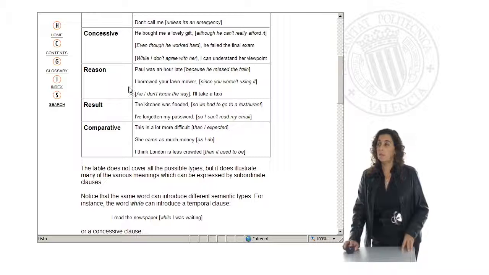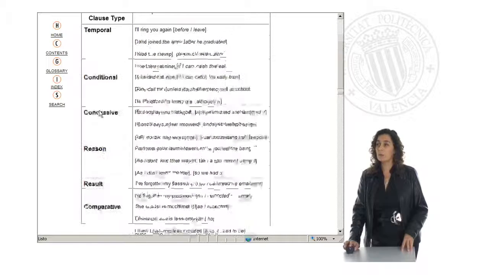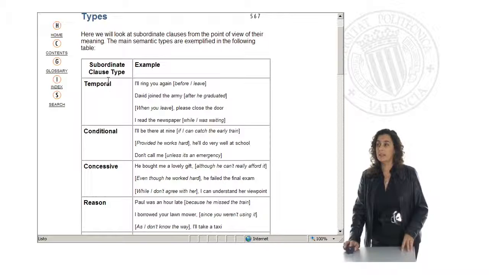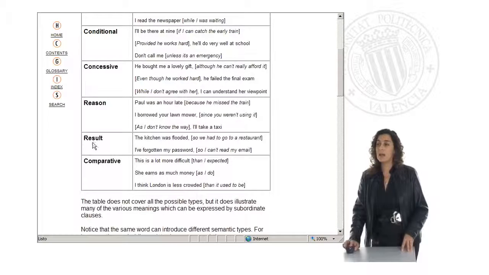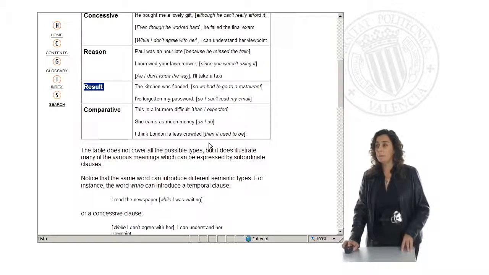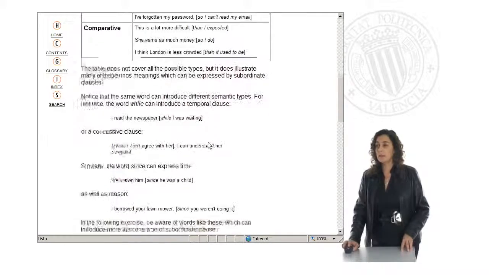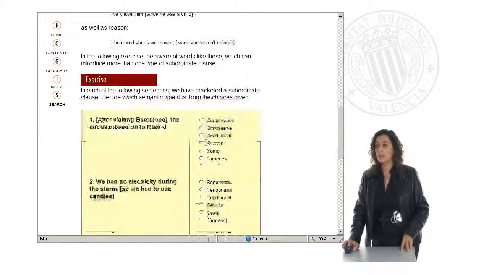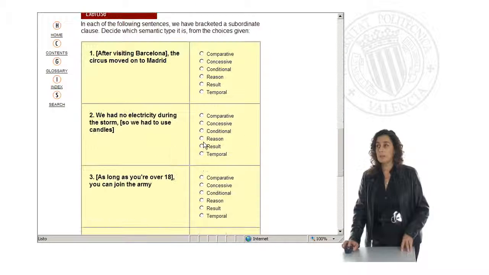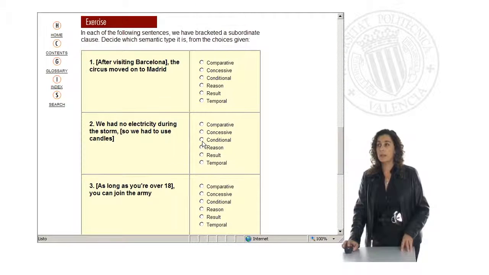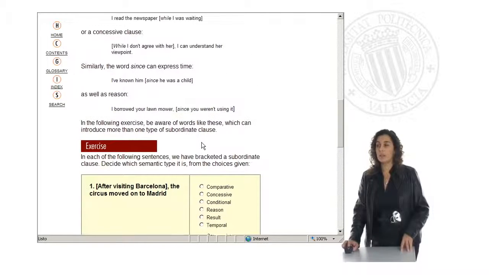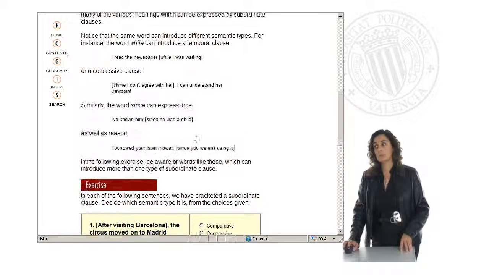This one is used to explain different kinds of subordinated clauses, and one of them is, as you can see, result. You can see examples, and here you have explanations and exercises, right? So on this website you can find general exercises about all the subordinated clauses.